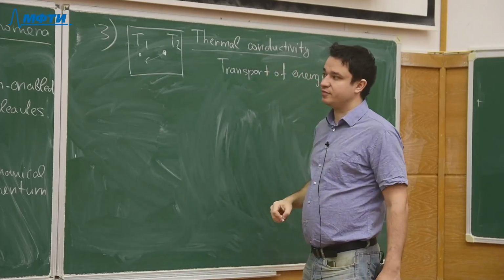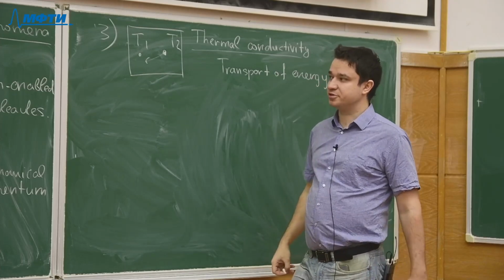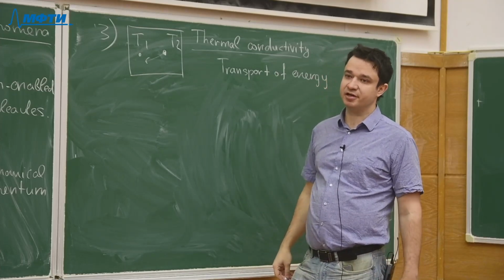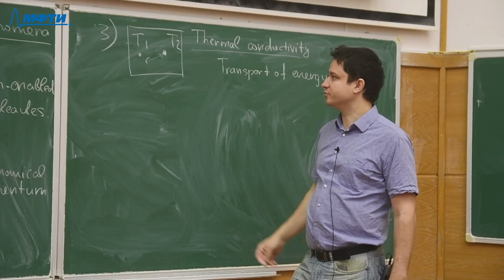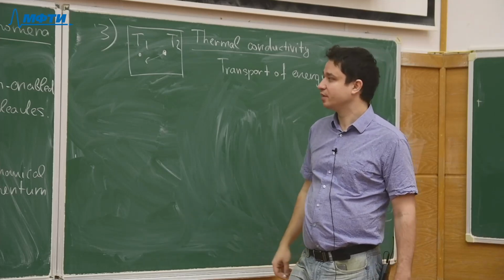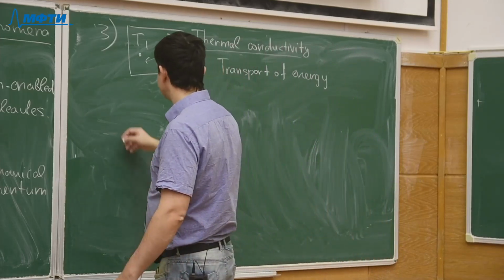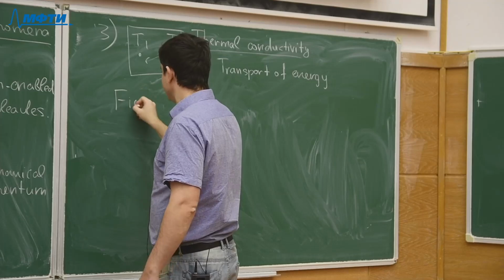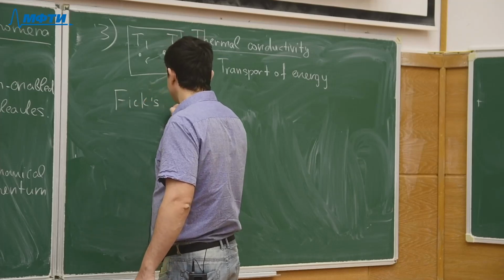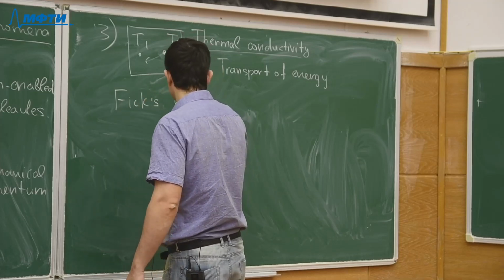And during the previous studies of these phenomena, which were purely macroscopic experiments, the laws of these phenomena were established. And the first law is related to the diffusion, which is called Fick's law of diffusion.